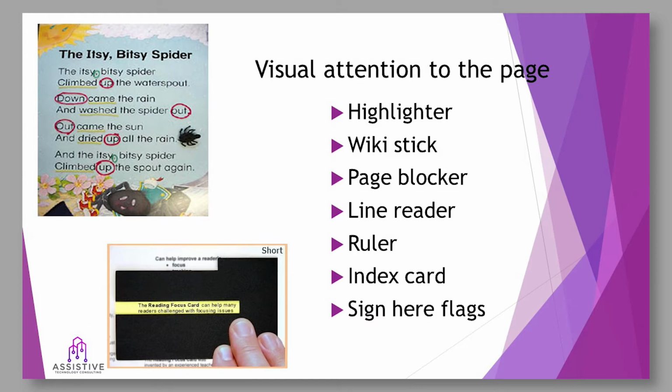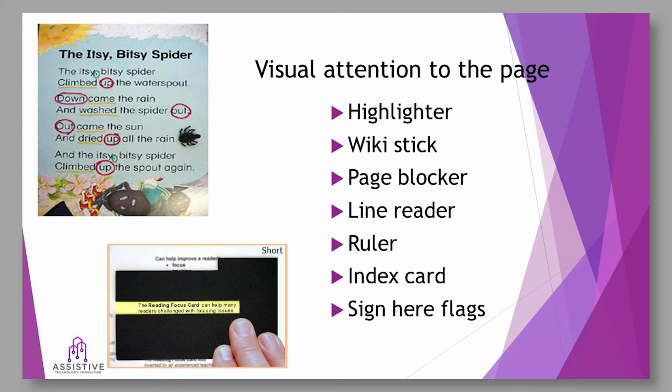So oftentimes we look at, can we highlight a word? Do you have a highlighter? Now, I don't like to draw on a page if it's a textbook or a reading book, so there are erasable highlighters. Wiki sticks are things that you see over here, where there's a yellow one and a red one, and they're bendable.